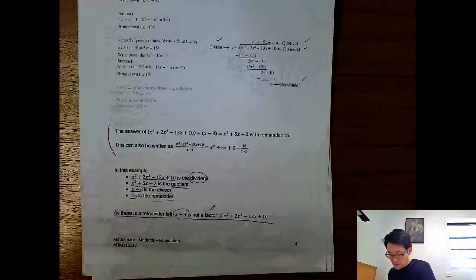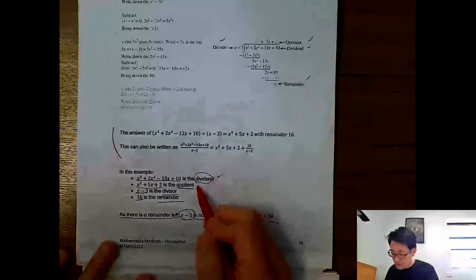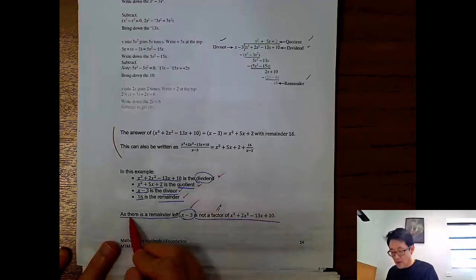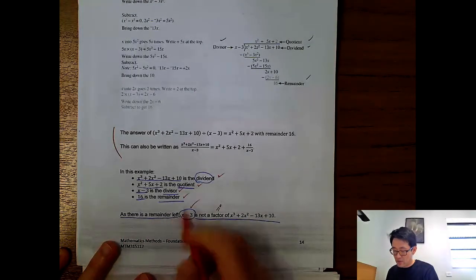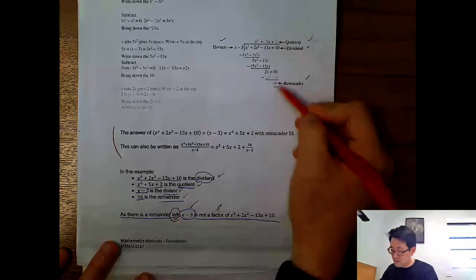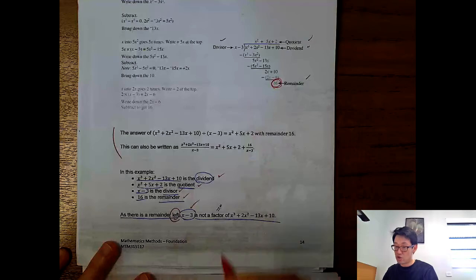Okay, let's go and check dividend, quotient, divisor, remainder. We've done that. As there is a remainder left, here we have 16 remainder. It's not 0.